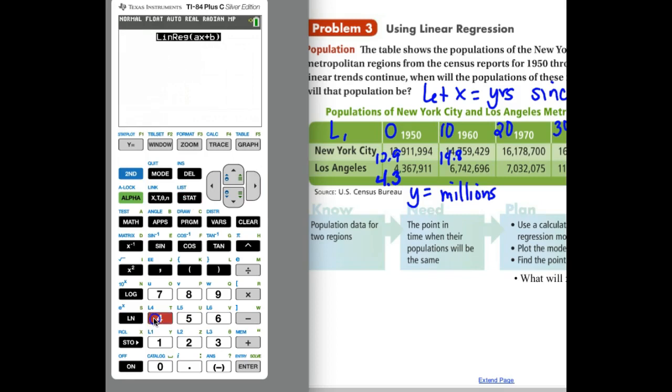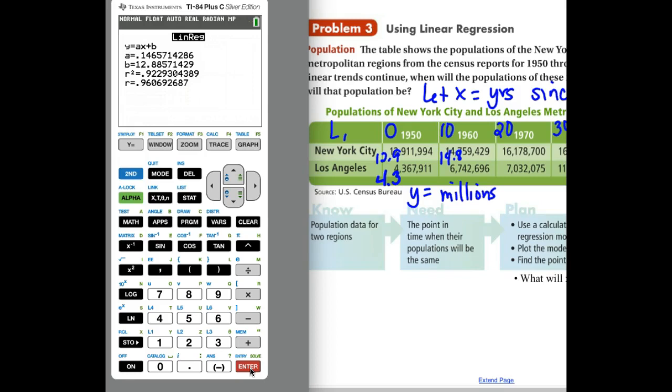Linear regression again, and for the first one, for New York City, I want to use list 1 and 2, so I have year and population. We're going to store this one in Y1: Vars, Y variables, Function, Y1. And we're going to calculate that.